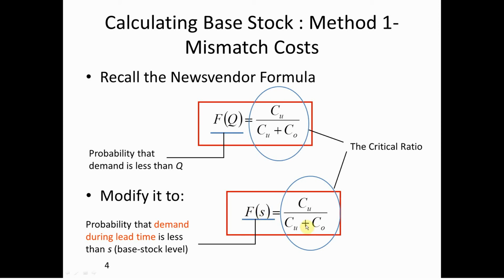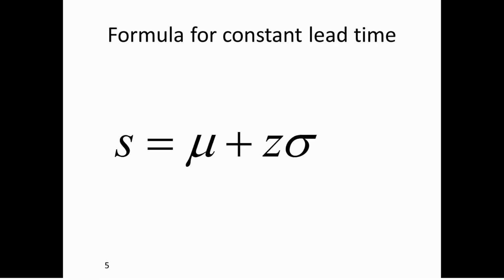So it's pretty much the same thing, except we look at the lead time instead of the entire time. So the formula, of course, will be the same thing. If we know what the safety factor is, and the mean demand and the standard deviation over the lead time, that is, not over the whole time, but over the lead time, then we can figure out what base level S to hold that would give us the probability that the demand won't run out, or at least the optimal one.